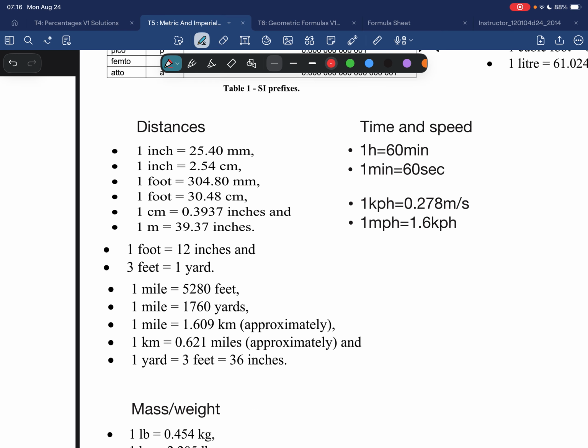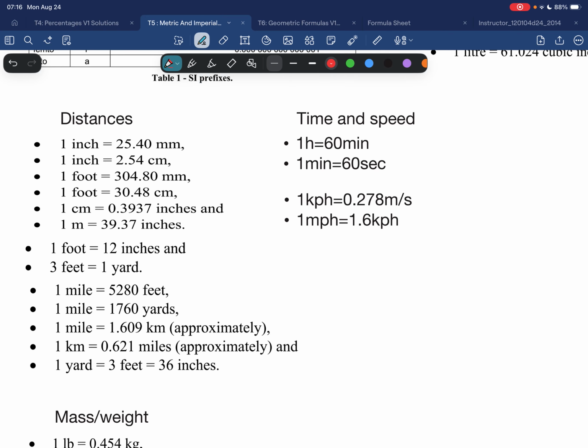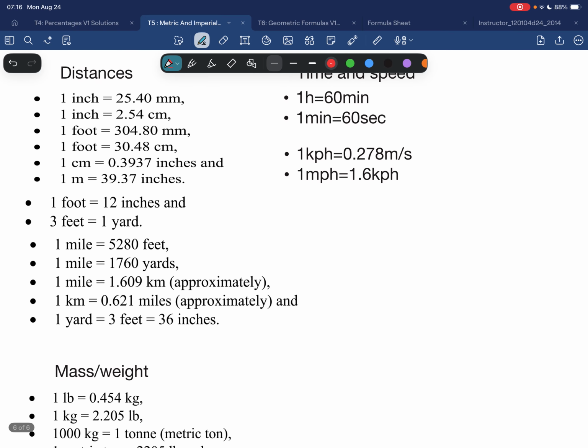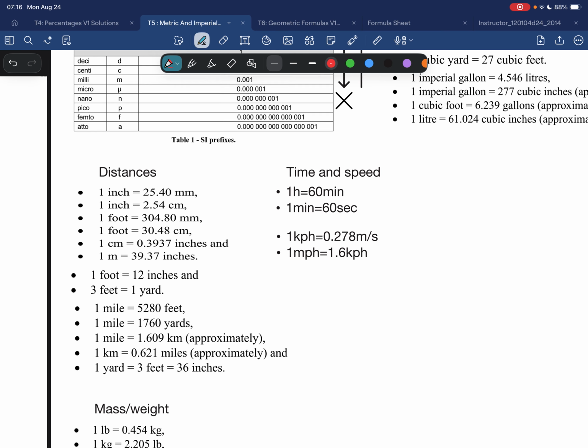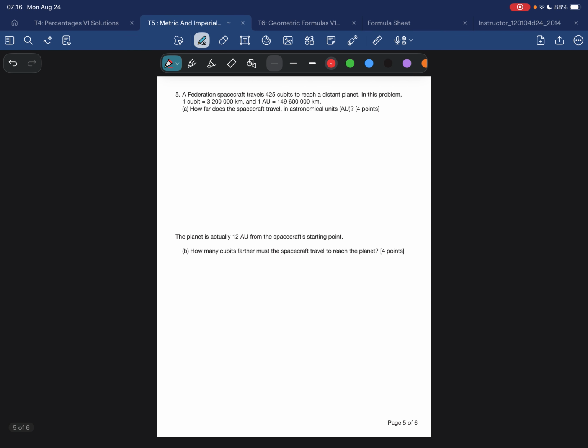We need meters to feet or feet to meters. Is that one on here? No, I guess we'll go to inches first then. Okay, well, 1 meter is 39.37 inches.